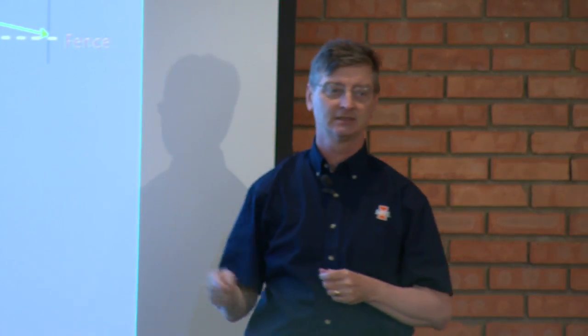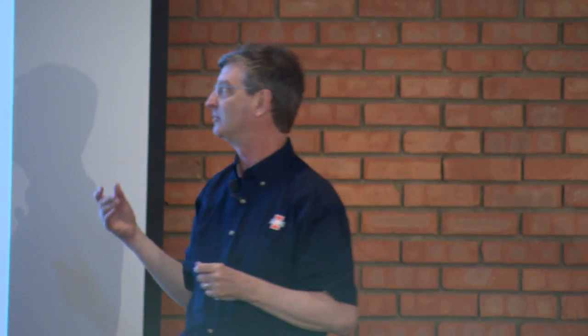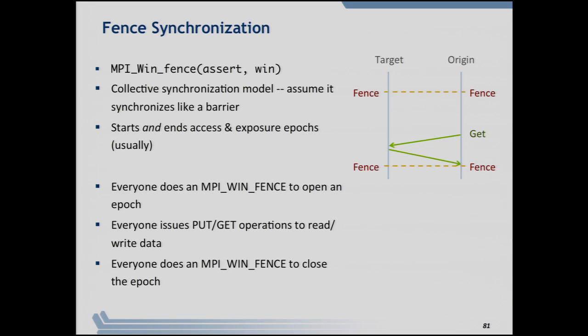So you know that your buffers, the ones defined by the origin buffer, are all usable. If it was a get, there's now data in there that you can look at. If it was a put, you can now deallocate it, scribble over it, whatever. Everything will be fine. And you know that the remote process has gotten any data that you put and any data that you had gotten. You know that the process can do whatever updates it wants now to that memory.